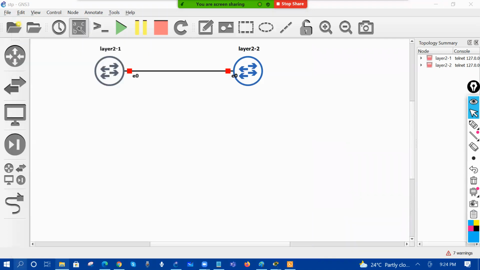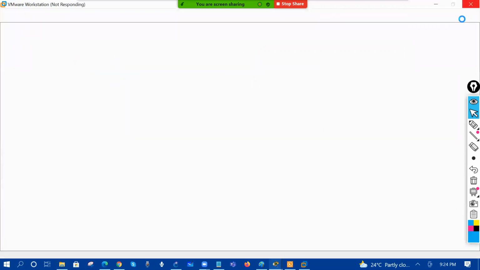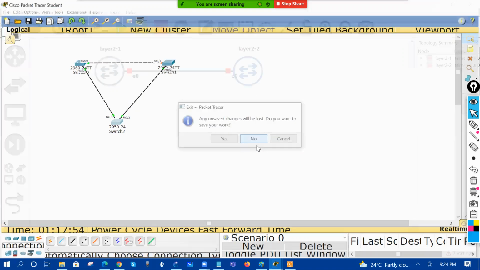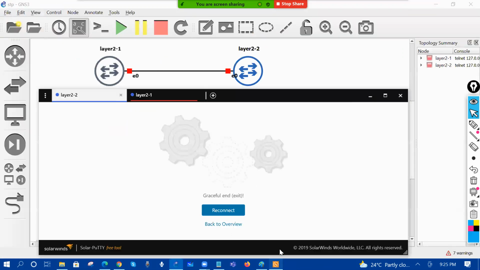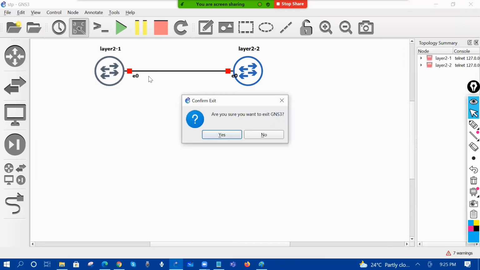So it is better to use the Web UI or EVE-NG. That would be good. Or a real device is awesome for spanning tree. I cannot show you in Cisco Packet Tracer because the debug command is not supported there. I'll show you the Wireshark in the next class.